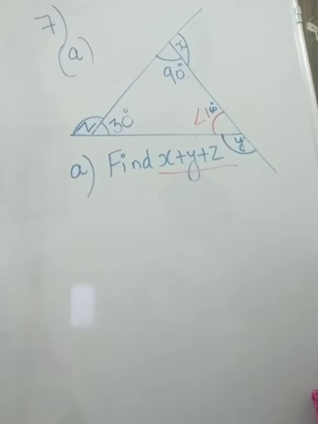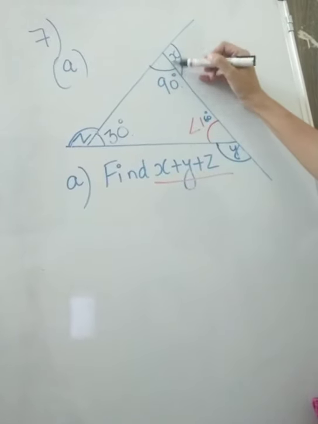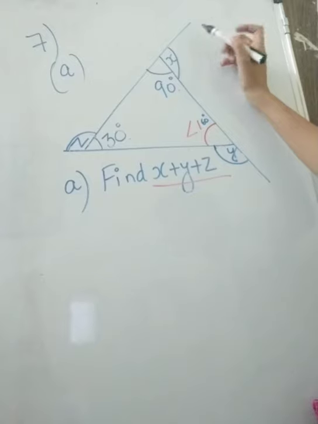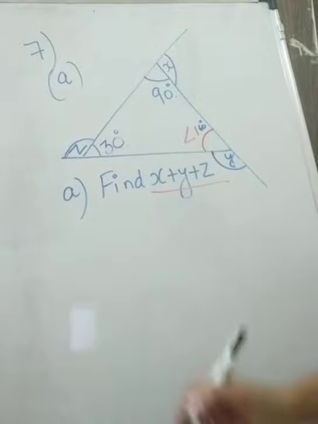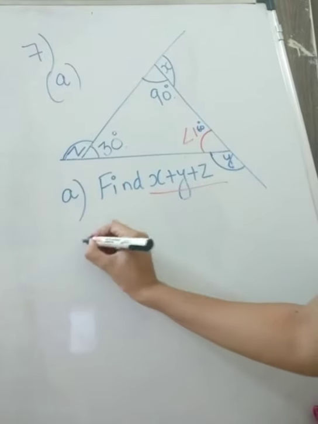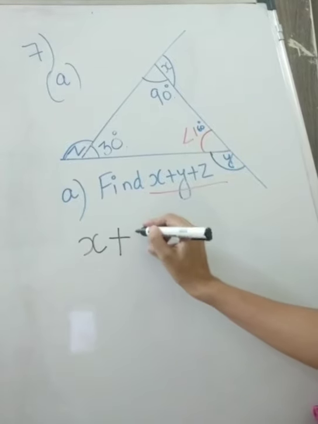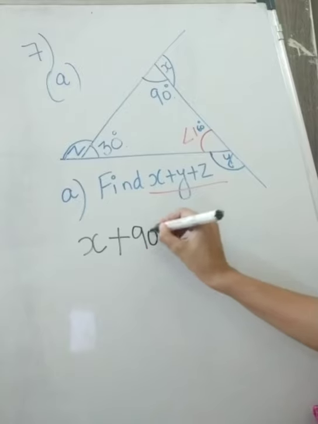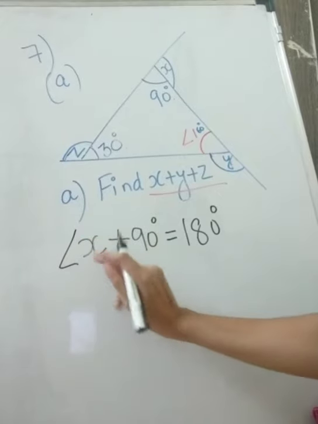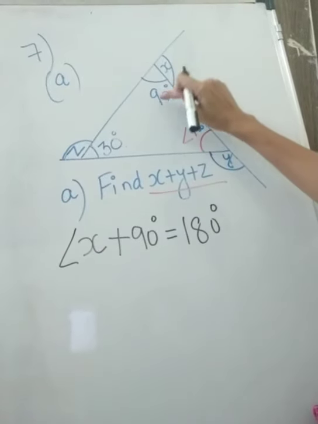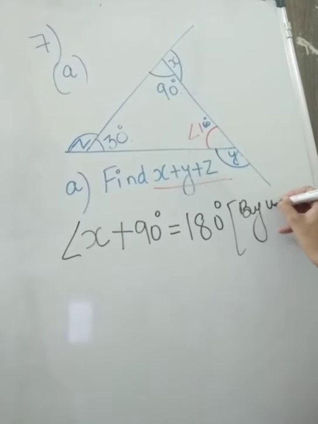Okay, now student, firstly we will discuss x. Now x and 90 degree both are a linear pair. So we know that two angles are a linear pair if this plus this is equal to 180 degree. So I will write x plus 90 degree is equal to 180 degree, by using linear pair.